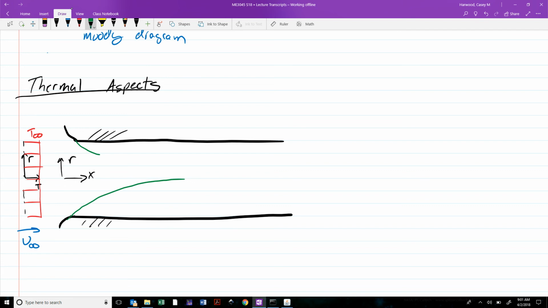So the thermal BL, which means that the thickness of this thing is delta T. And once again, at some point, the entire boundary layer is going to meet in the center of the pipe.